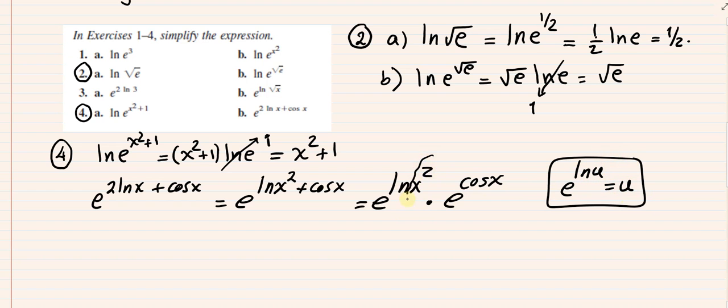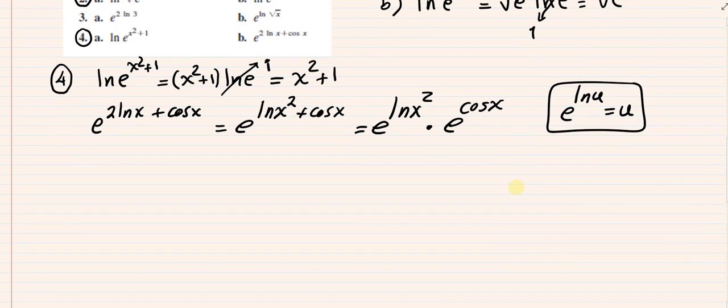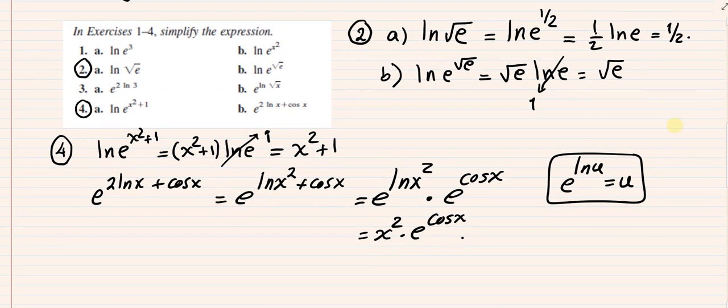So acting as u is the x squared. And this I can write as x squared times e to cos x. And that's what that becomes. Okay, so we're done with number 4. Let's take a look at the next ones.